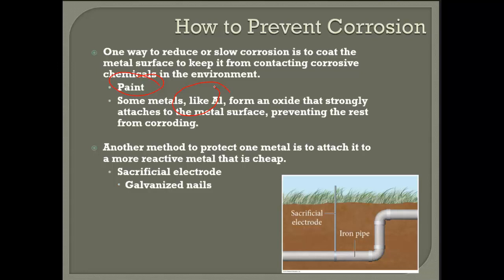Another way to protect one metal is to attach it to a more reactive metal that is cheap, such as zinc. It's considered a sacrificial electrode, in, for instance, the galvanized nails. Alright, and that is different applications of redox.